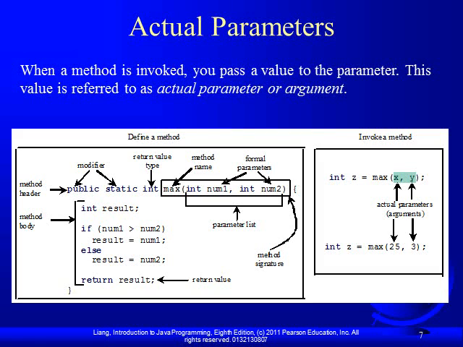They contain the data that the max method is going to use to determine the larger of the two. Note also, there is no relationship between the names of our actual parameters and our formal parameters. We can also use literals as our actual parameters.